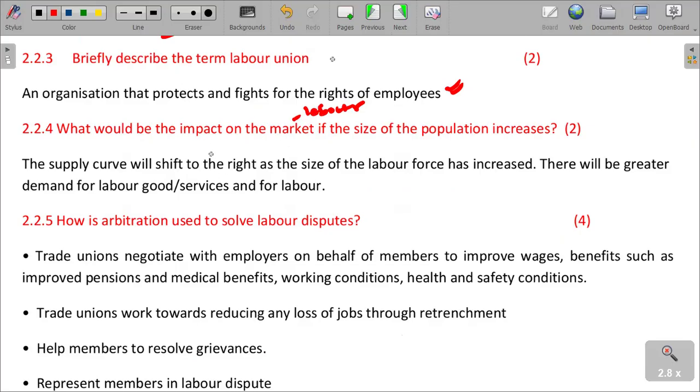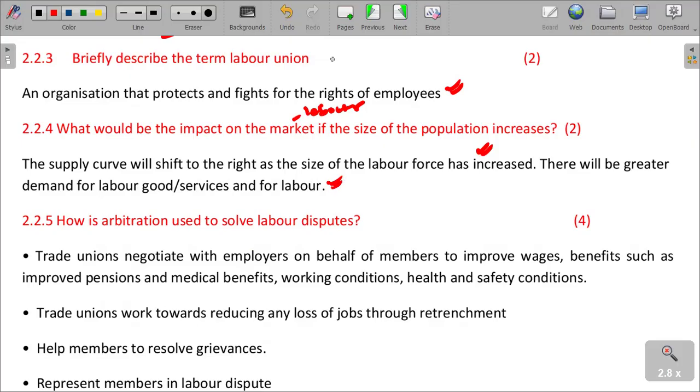The supply curve will shift to the right, an increase in supply, as the size of the labor force has increased. There will be a greater demand for labor, goods or services.